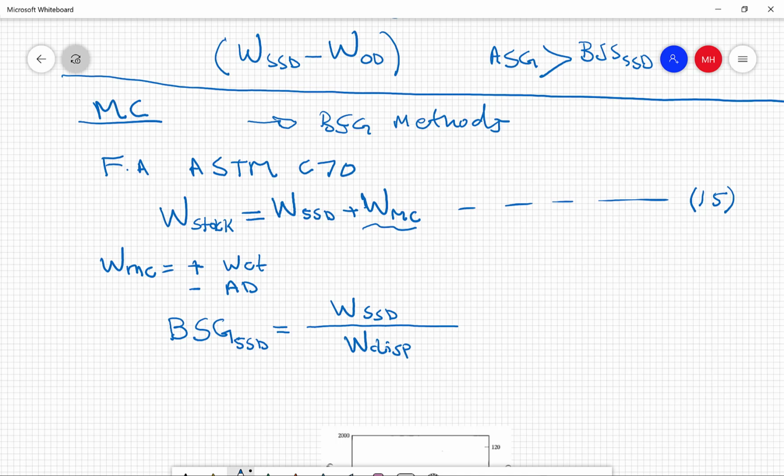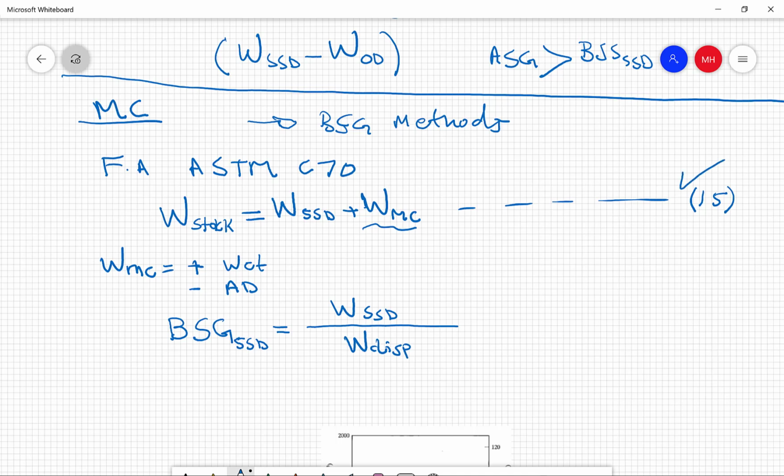So in the experiment measuring the bulk specific gravity in the SSD condition, the complete weight was basically the SSD weight. But in this case, that is not true, as equation 15 here shows.